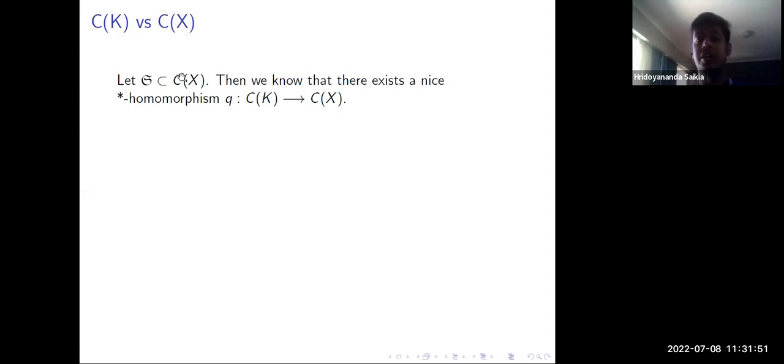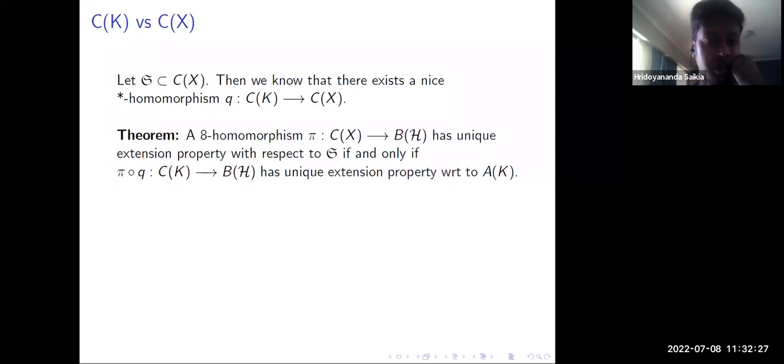Suppose some operator system S is contained in the C-star algebra C of X, then we know that this S is the same as the set of all affine functions A of K on K. We also know that there is a very nice star homomorphism from C of K to C of X. We know that we can construct a map like this, and I don't know who actually discovered this map.